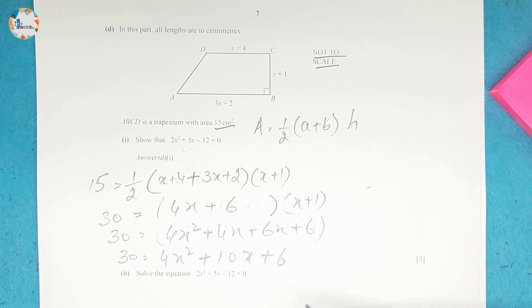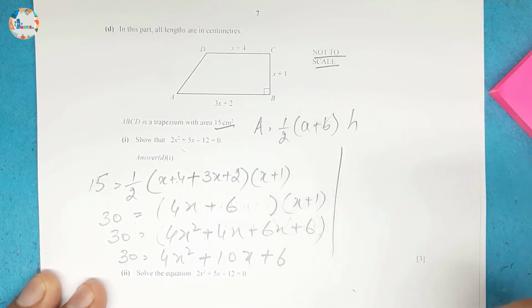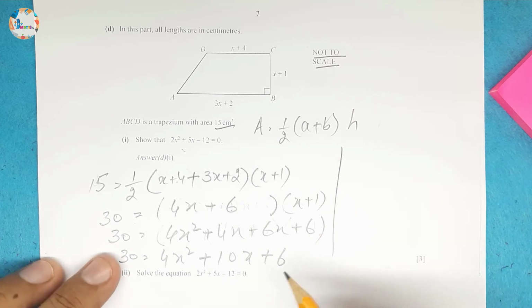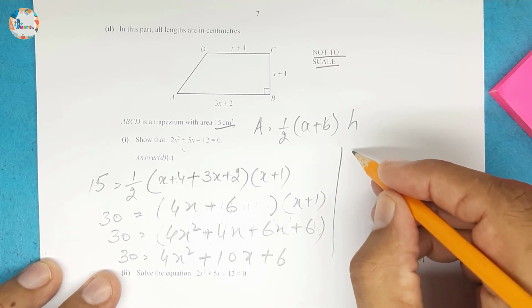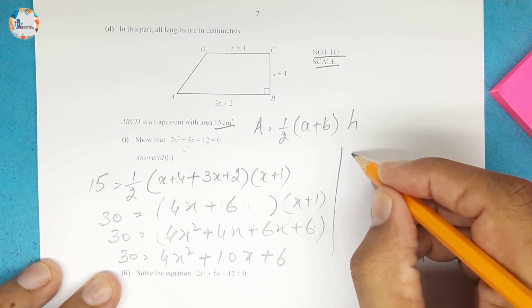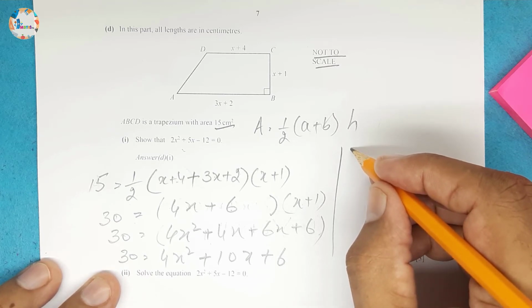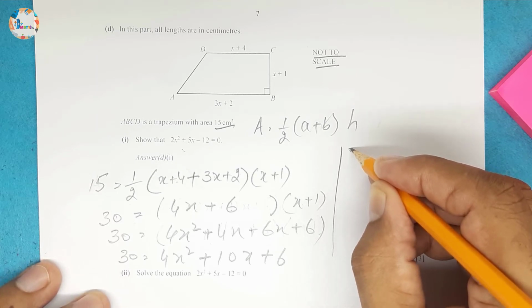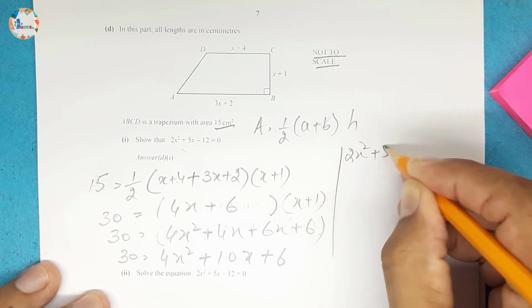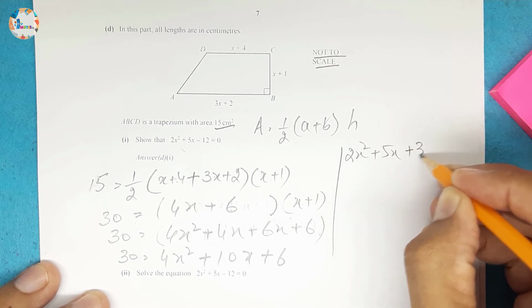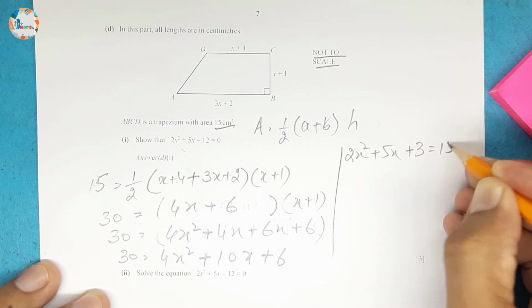So now what we can do, we can write on this side. So this will be 30, so we can basically shift everything to divide by 2. So this will be 2x squared plus 5x plus 3 is equal to 15.